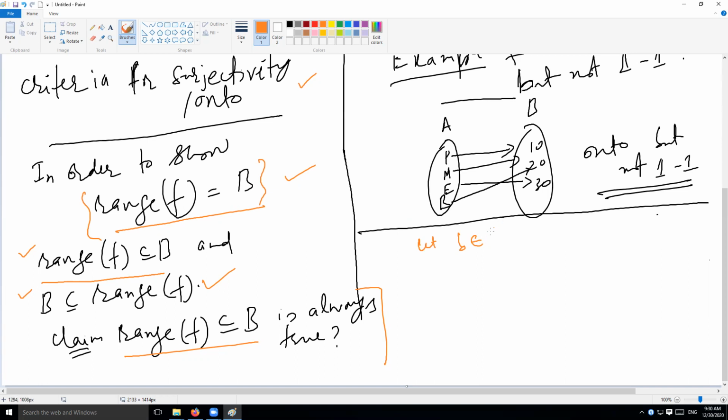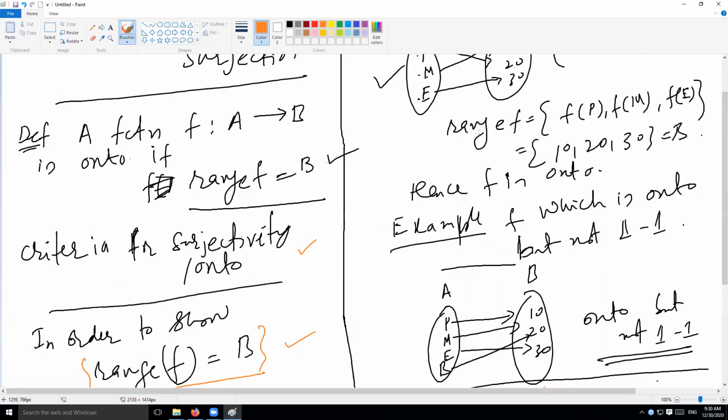Anyway, I want to show that the range of f is a subset of B. So let me take an element from the range of f. Now, what kind of elements are in the range of f? If b is an element in the range of f, then b must be of this form, because in the range all elements are of this form.